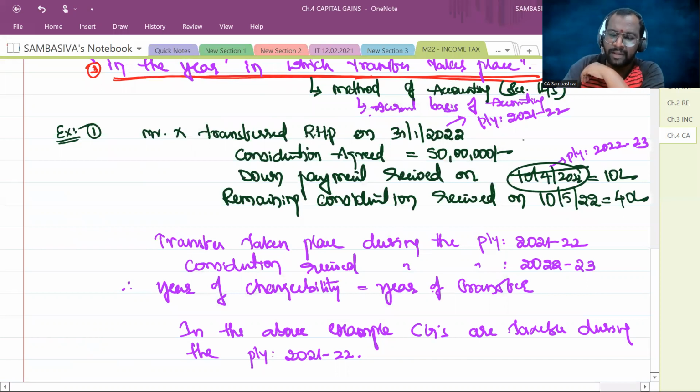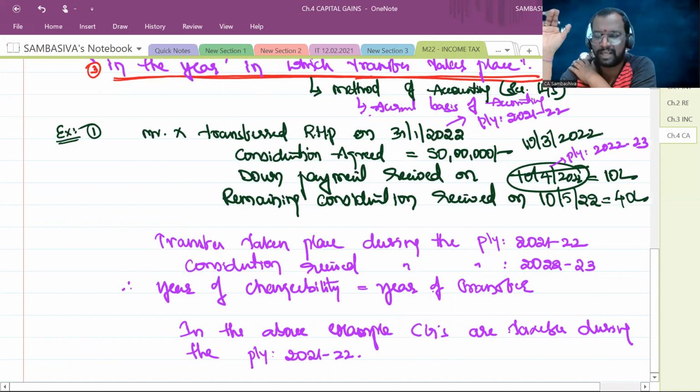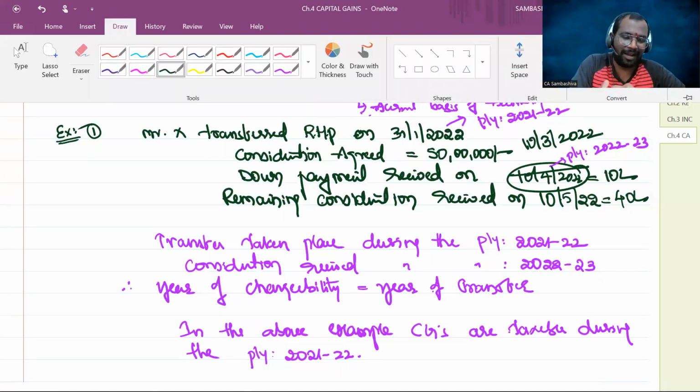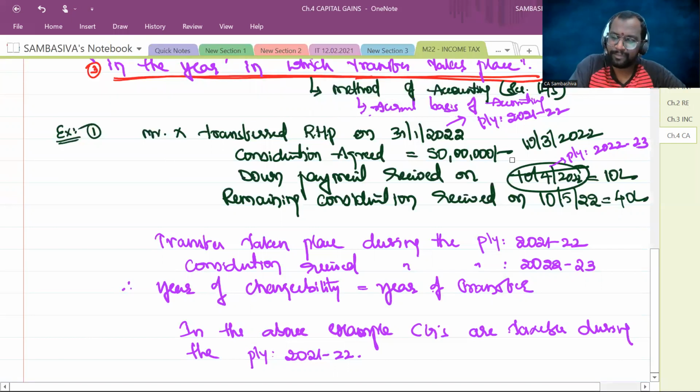Suppose that instead of 10th April 2022, I gave the information as 10th March 2022, that means during the previous year 21-22, the year in which the transfer took place, you have received a partial consideration of 10 lakhs. Now for the previous year 21-22, is only 10 lakhs consideration taken into account for the calculation of capital gains? No. You have to take into account the entire 50 lakhs as your sales consideration for the calculation of capital gains, not only the 10 lakhs. Is everyone following now?